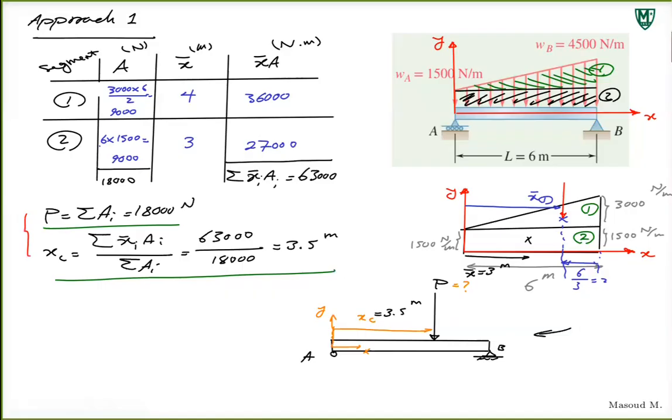Once you know this, the second part is asking you to find the reaction forces at the supports, right? For reaction forces, well, now this is what you have. Now you have a beam. At point A, it's a roller. At point B, you have a pin support.